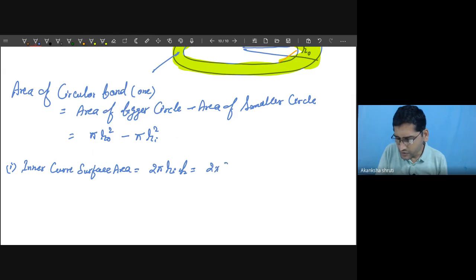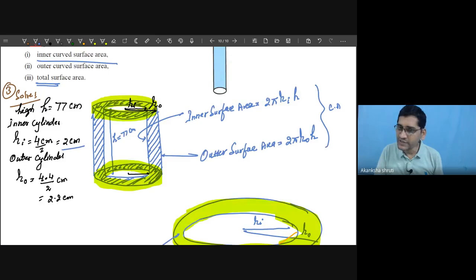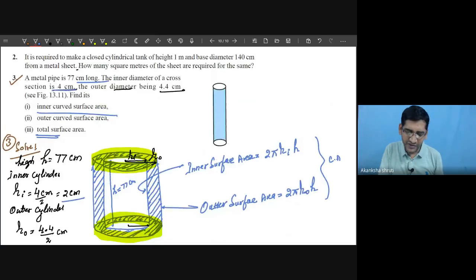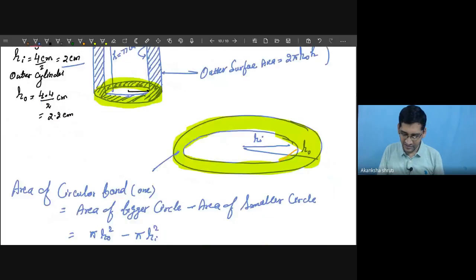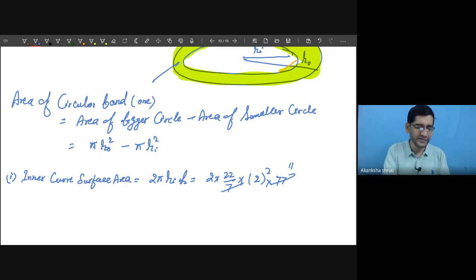So 2 into 22 by 7 r i. Here we have calculated r i as 2 centimeter because the internal diameter was given as 4 centimeter, so it is 2 square. The height h is given as 77, so we can calculate it. It becomes 11.